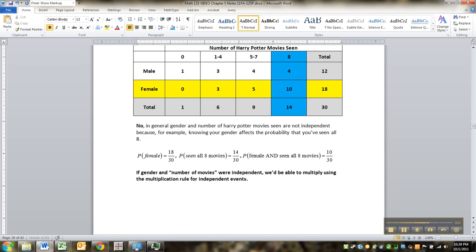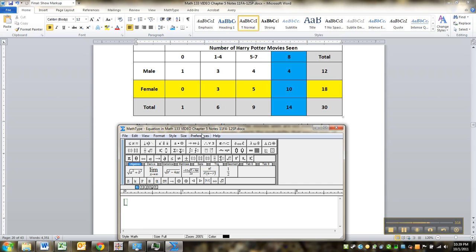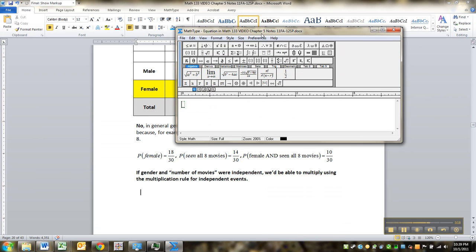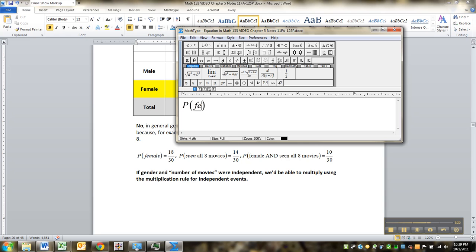Can we do it? Let me just take a moment. Probability of female times the probability of seeing all 8 movies.